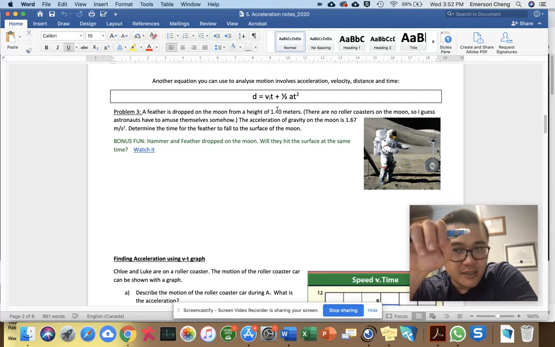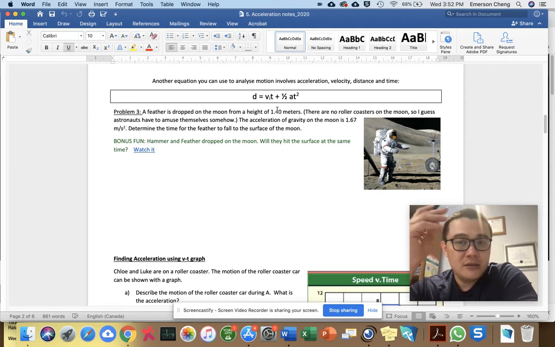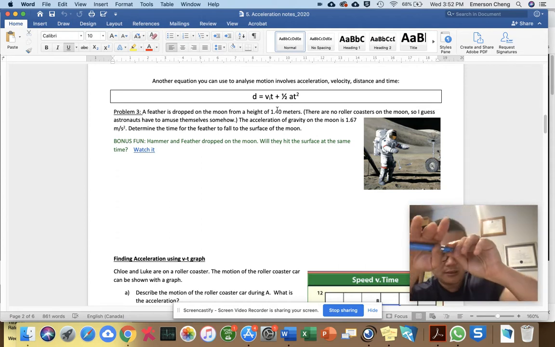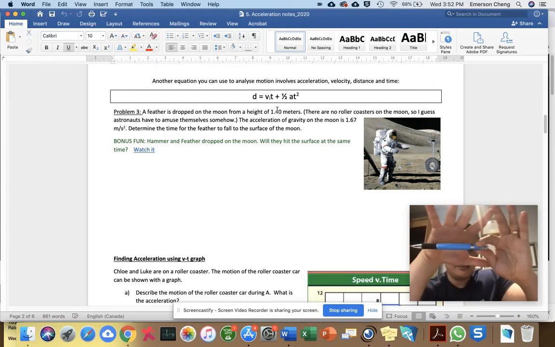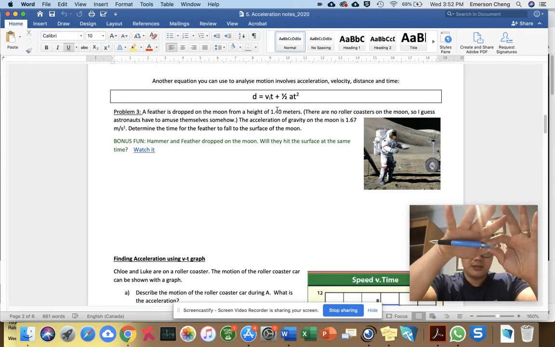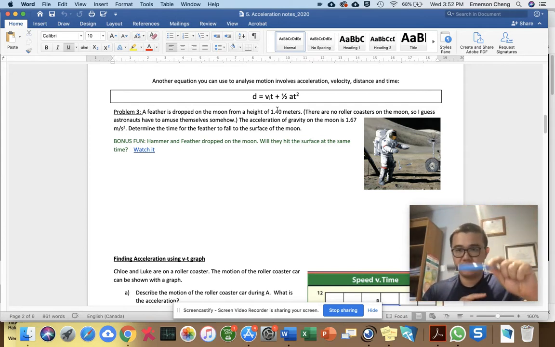Now, I don't know how many frames per second this webcam is, but if it is high enough, you would see a moment where my hand is completely let go, and the pen is just staying here in midair, not moving. You will see that frame if the webcam frame per second is high enough. If it doesn't, you can certainly try it on your phone camera.